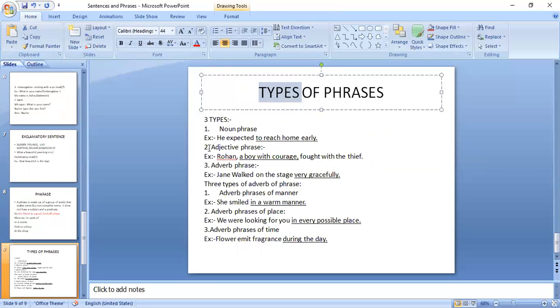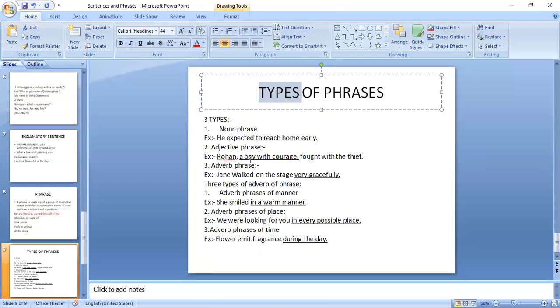Then the next one is the adjective phrase. What is an adjective phrase? An adjective phrase is a group of words that acts as an adjective in a sentence. For example, Rohan, a boy with courage, fought with the thief.